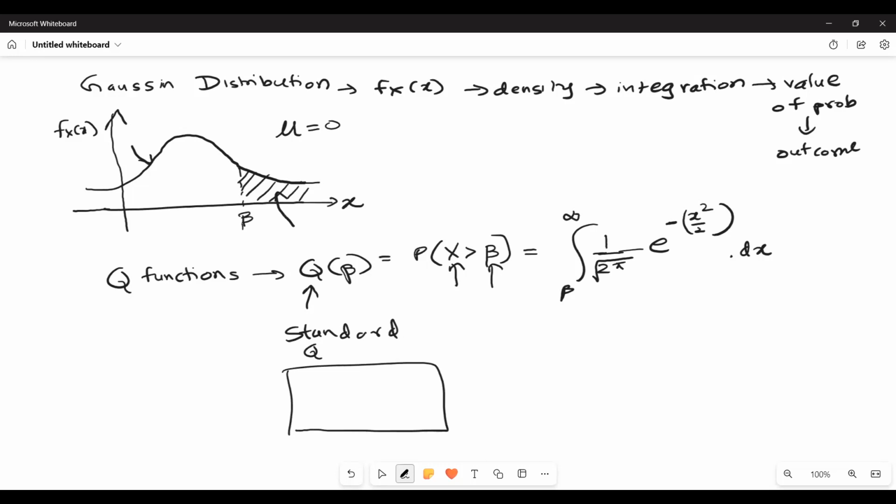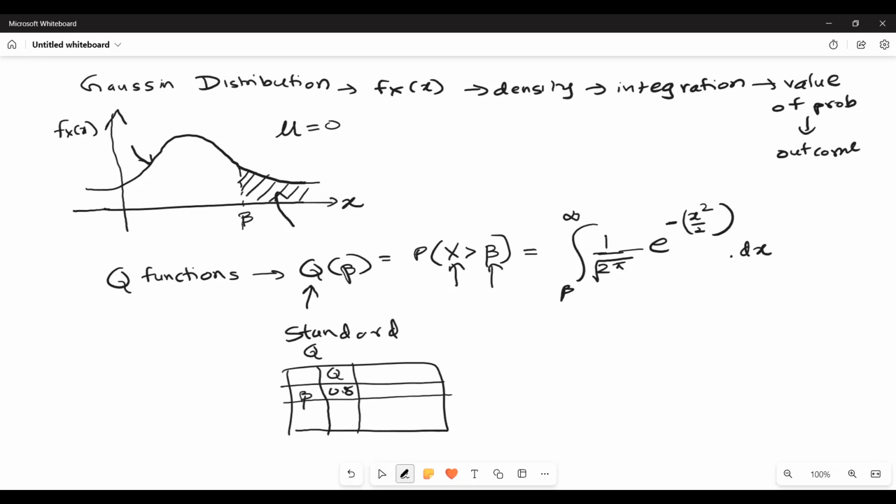So we can use this Q function and find from the table, for a beta value, the value of the integration. So the Q value of that beta will give some value like 0.8 or something like that. It's a standard table, right? So Q function values are there in the table.